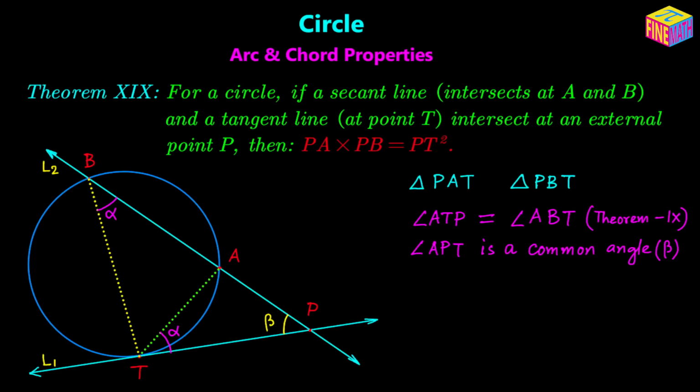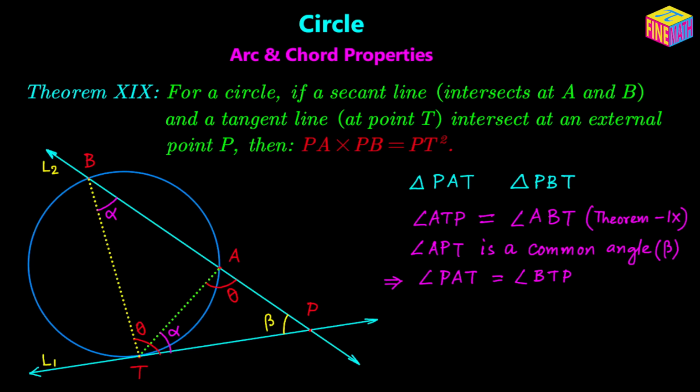So we have two triangles where one pair of angles are equal, and we have a common angle. That means the third angle will also be equal, because we know that the sum of the three interior angles of a triangle is equal to 180 degrees. So for the triangle PAT, alpha plus beta plus theta is equal to 180 degrees, and similarly for triangle PBT, alpha plus beta plus theta is also equal to 180 degrees. So the angle PAT will be equal to the angle BTP.